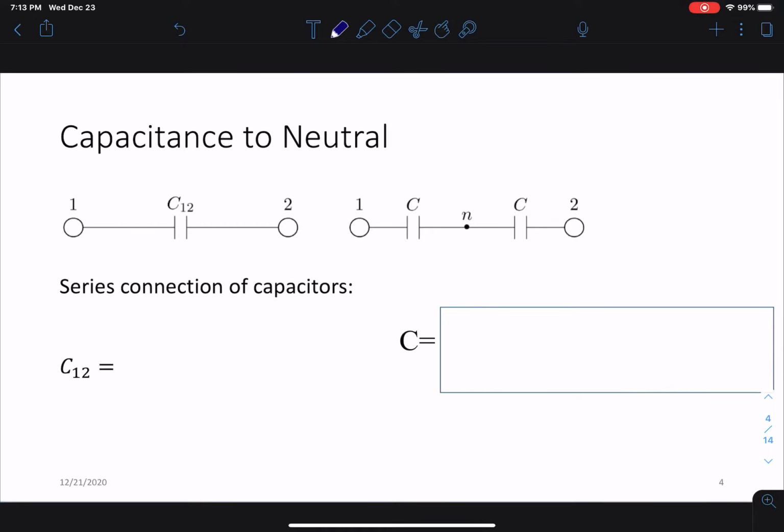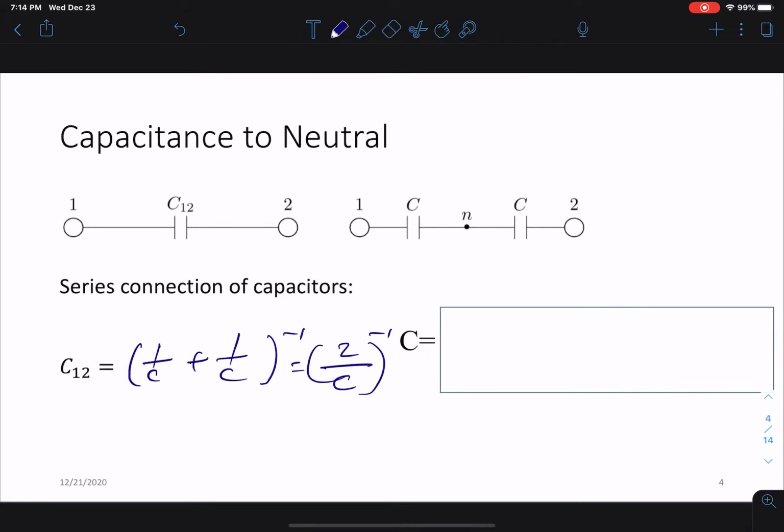It is the equivalent of these two C's in series connection, which gives C12 inverse equal to 2 over C, so C12 is half C. That means C is 2 times C12.